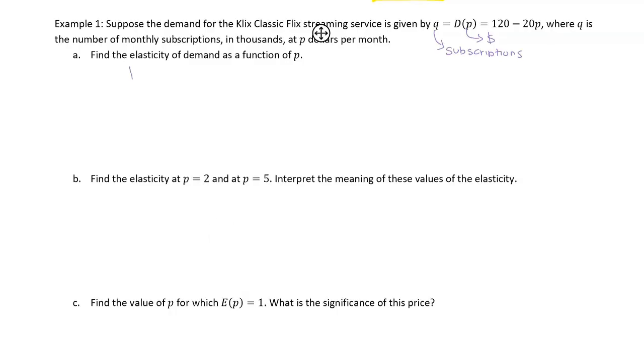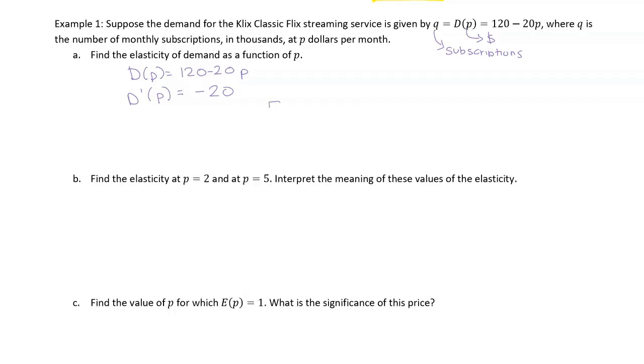Well, we already have D of P. Now we need the derivative, and this is just going to be the power rule. The derivative of 120 is 0. The derivative of negative 20P is just negative 20.